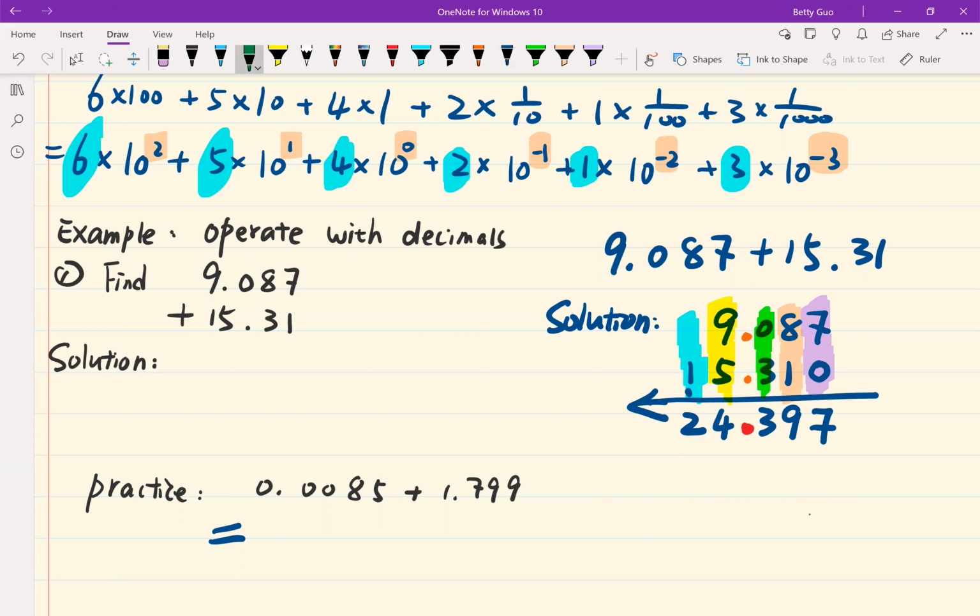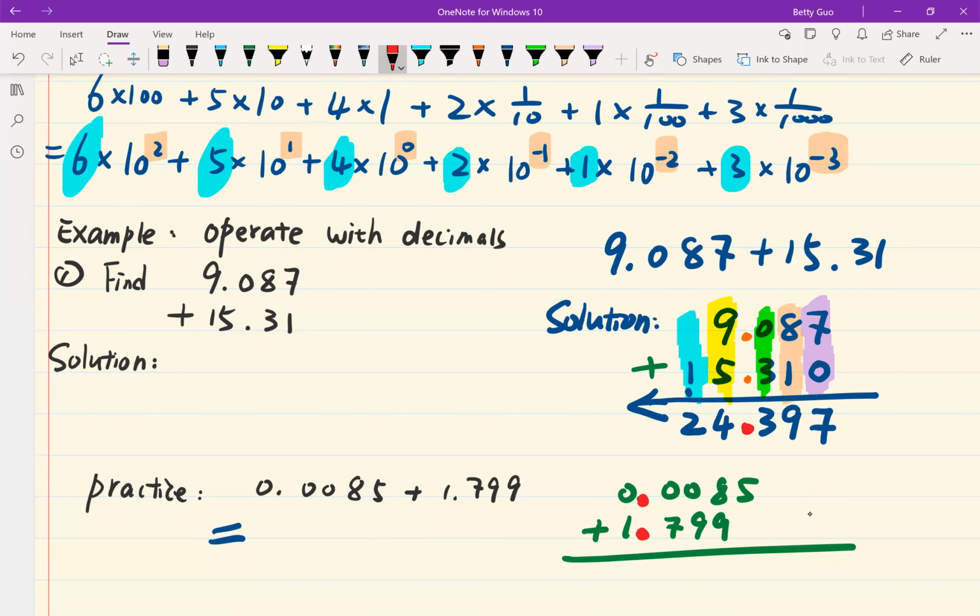Very important. 0.0085 plus 1.799. Make sure the decimal separators are aligned. Let me know what you have. What's the answer? And do not use a calculator, okay?